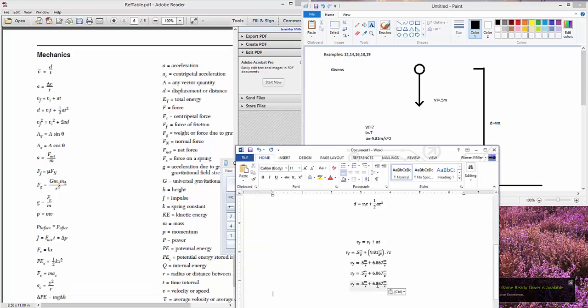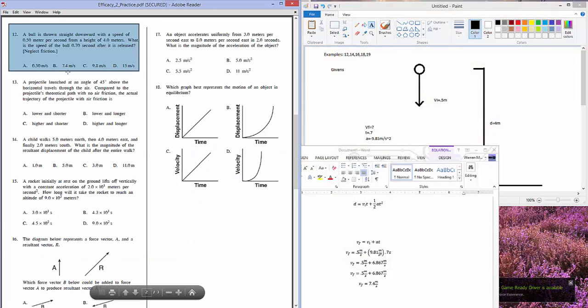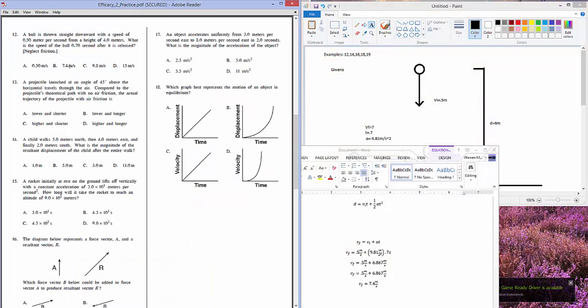We should get 7.4 meters per second as our answer for the final speed of the ball after 0.7 seconds. Let's see if that makes any sense. Hopefully it does. Oh, and there it is, right there. Choice B, 7.4 meters per second, right?